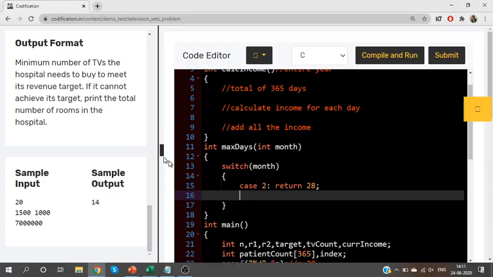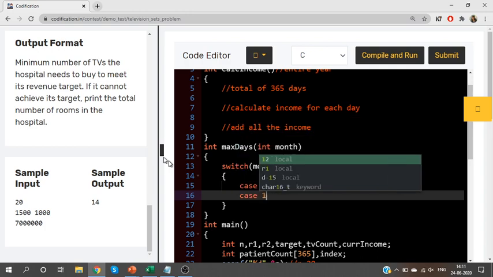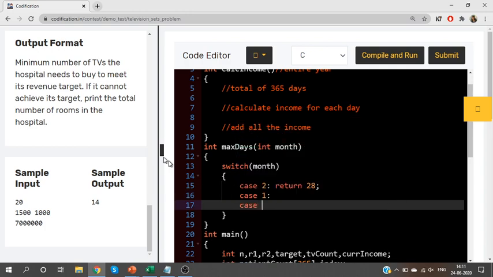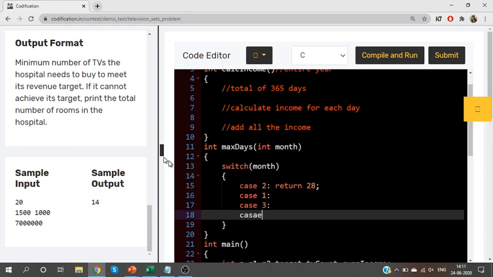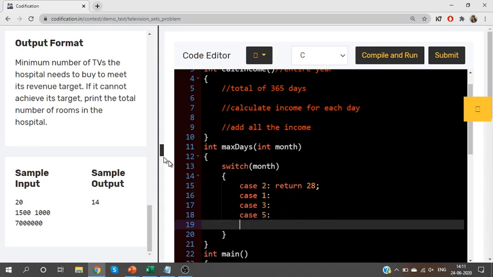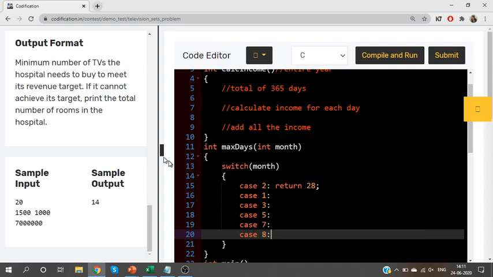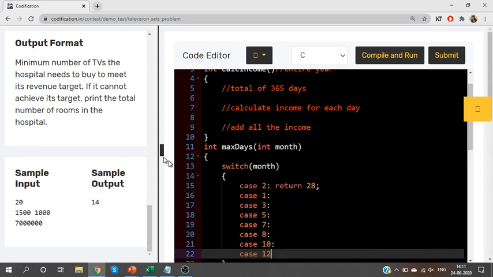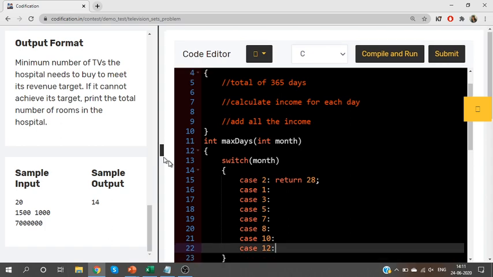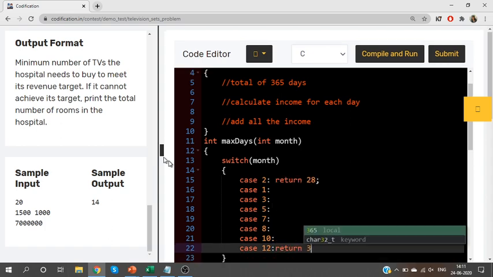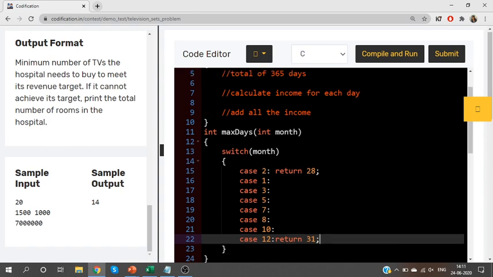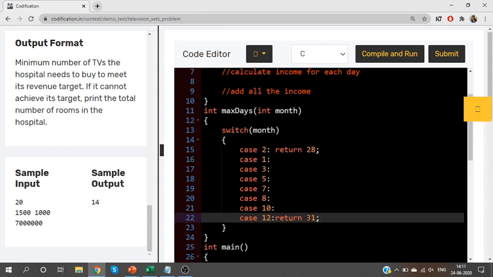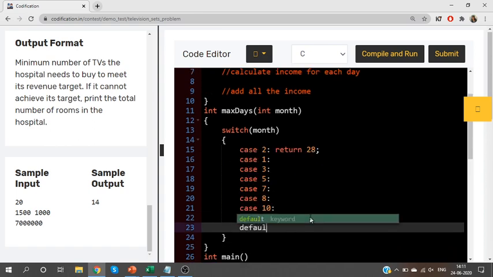So for 1, 3, 5, 7, 8, 10 and 12, you can directly return 31. Clear? If you have any of these months, return 31. Otherwise, by default, return 30.